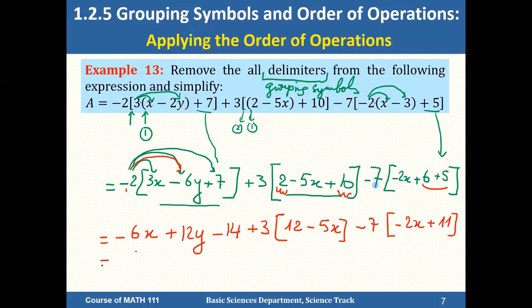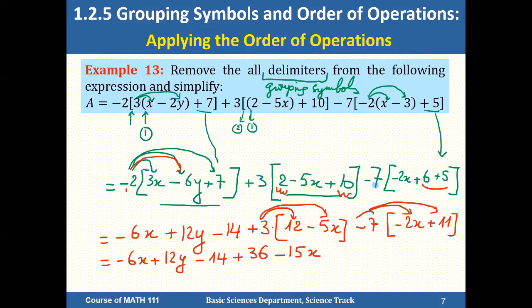So I continue: 12y minus 14, and now I can remove this delimiter by distributing here, 36, because I have a multiplication. Minus 15x. Here also now I distribute this. Plus 7 times 14x is plus 14x, and 7 times 11 gives minus 77.